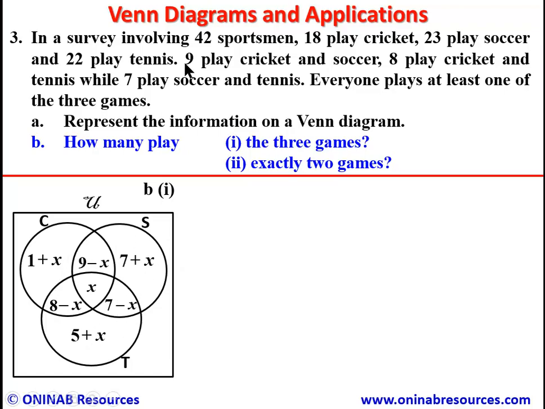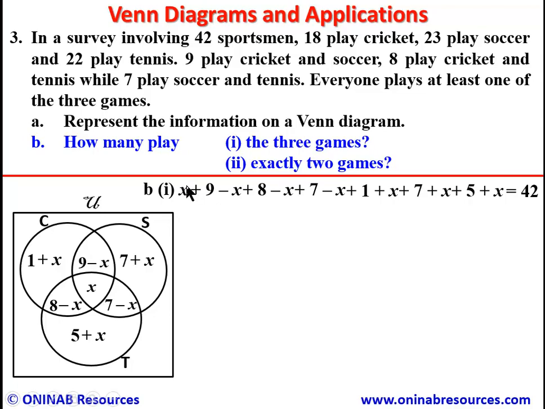add all these, they make up the 42 sportsmen that are involved in the survey. So that's going to give us x plus 9 minus x plus 8 minus x plus 7 minus x plus 1 plus x plus 7 plus x plus 5 plus x is equal to 42.